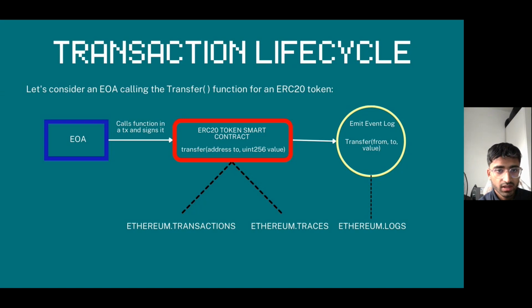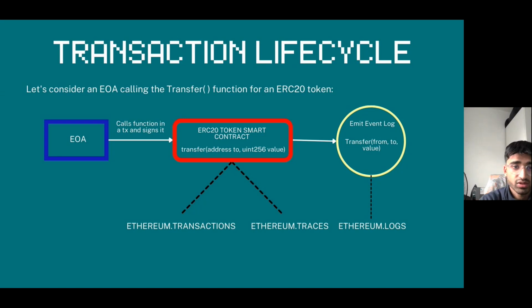and sign it. We go through the concept of signing in session 1 of the intro to blockchain series, or blockchain 101 series. So an externally owned account, a wallet, me and you, will call the transfer function and sign it. This will invoke the transfer function in the ERC20 token smart contract.